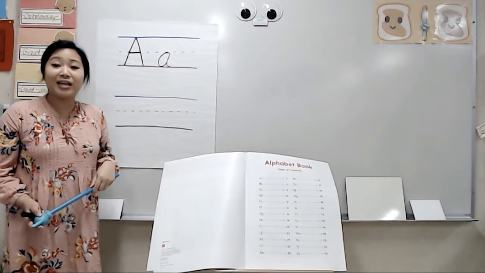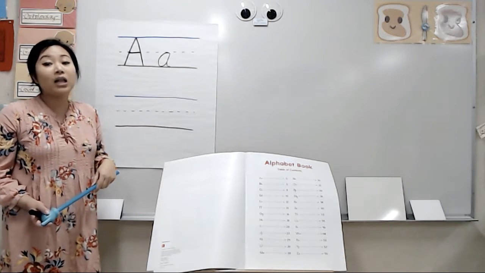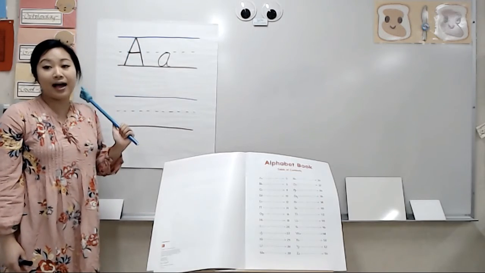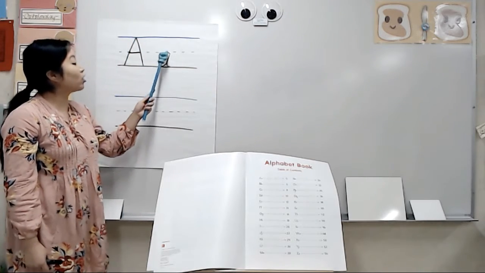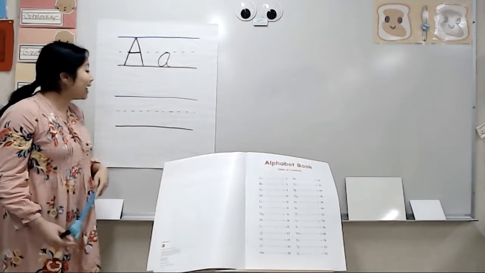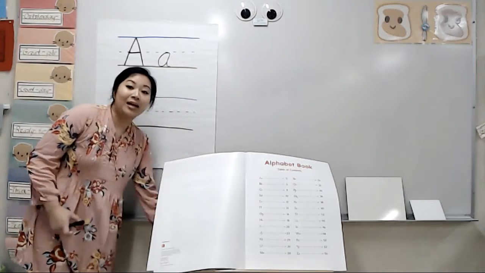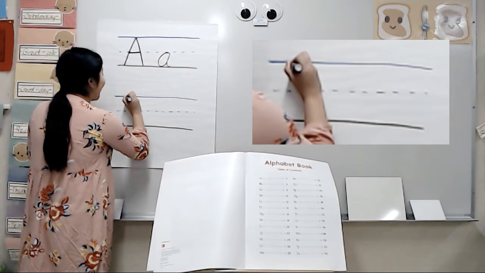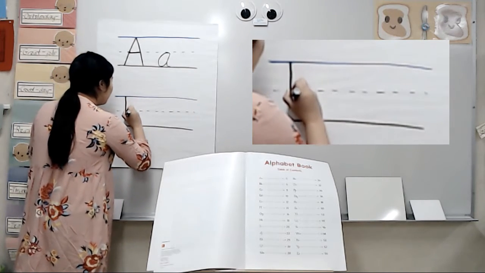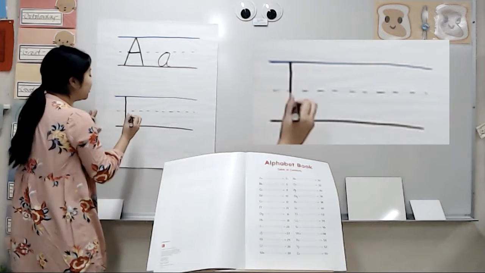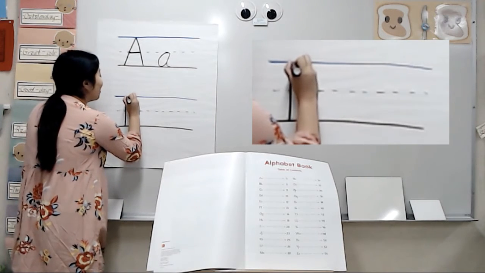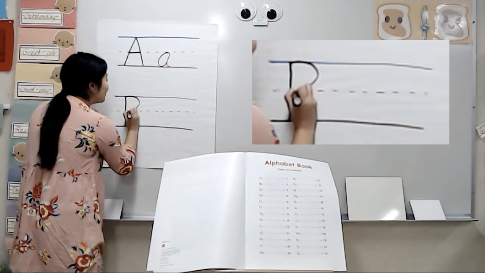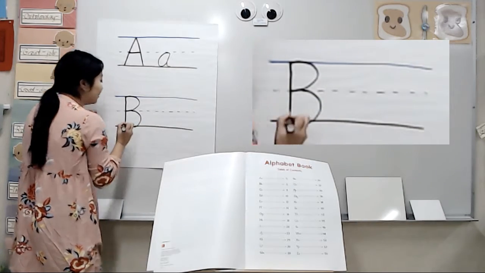Where do each of these letters start? Well, uppercase A starts in the sky, and lowercase a starts in the grass. Let's look at the letter B. Now, for uppercase B, I start in the sky, down to the ground, back to the sky, bubble to the grass, bubble to the ground.